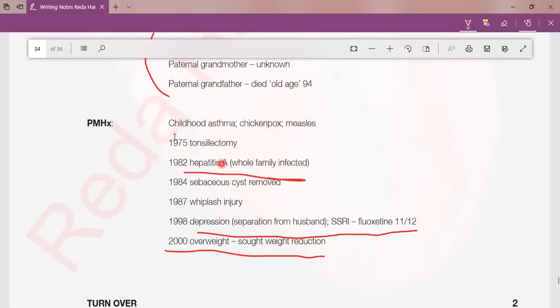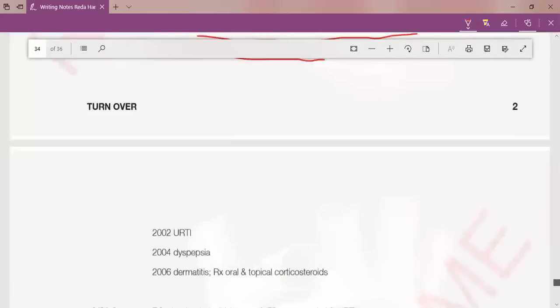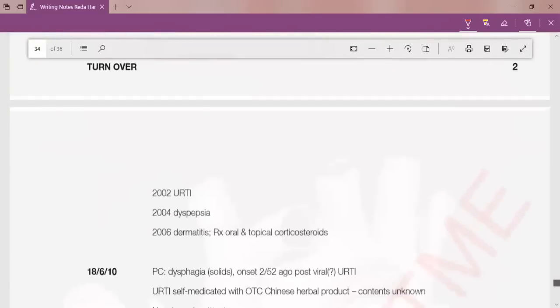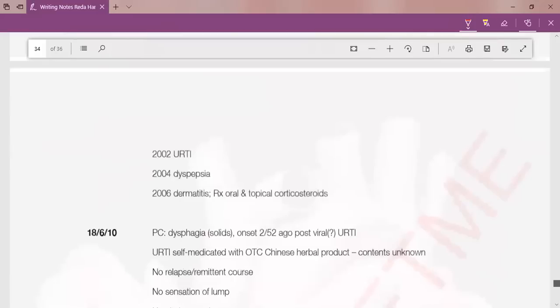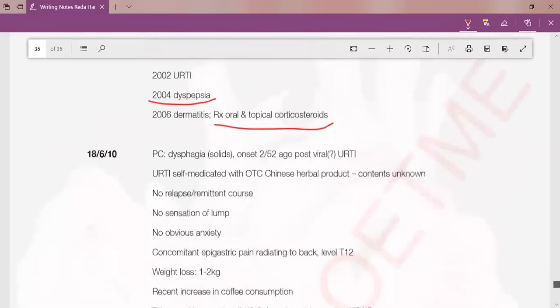Tonsillectomy, not for the gastroenterologist, with childhood asthma and some diseases. So I'm going like that during these 5 minutes. This dyspepsia for a gastroenterologist is important. Dermatitis and oral, yes, maybe corticosteroids caused her peptic ulceration or whatever.